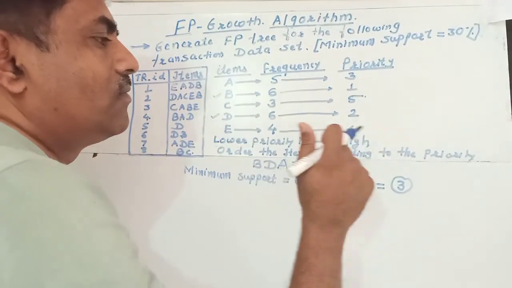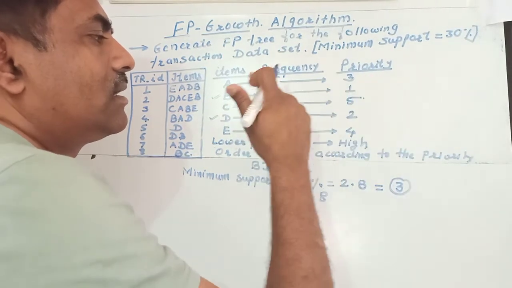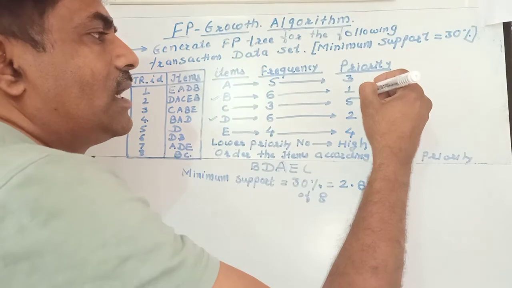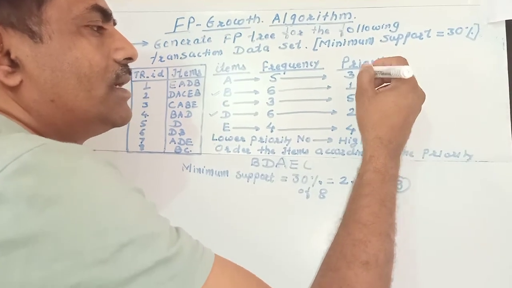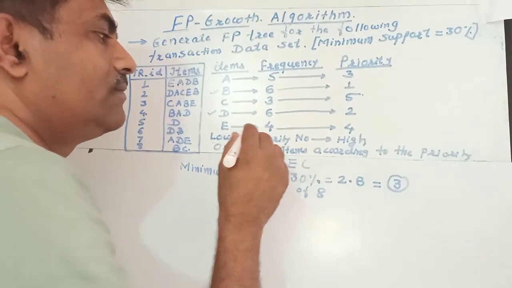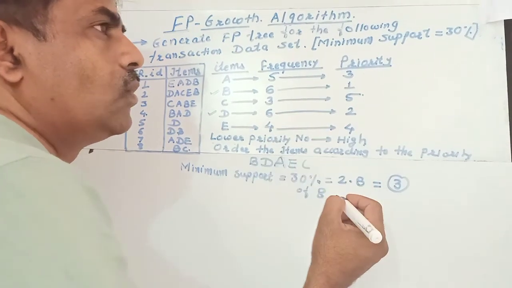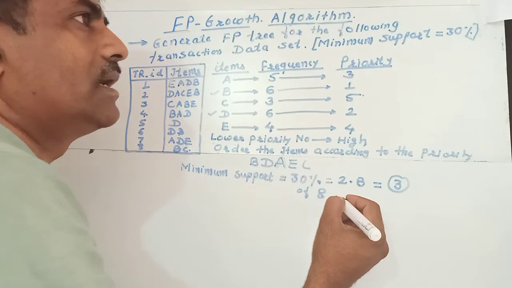As far as our priority calculation is concerned, all the priorities we have are either equal to 3 or greater than 3. If any priority less than 3 comes up, we will omit, we will discard that, right?